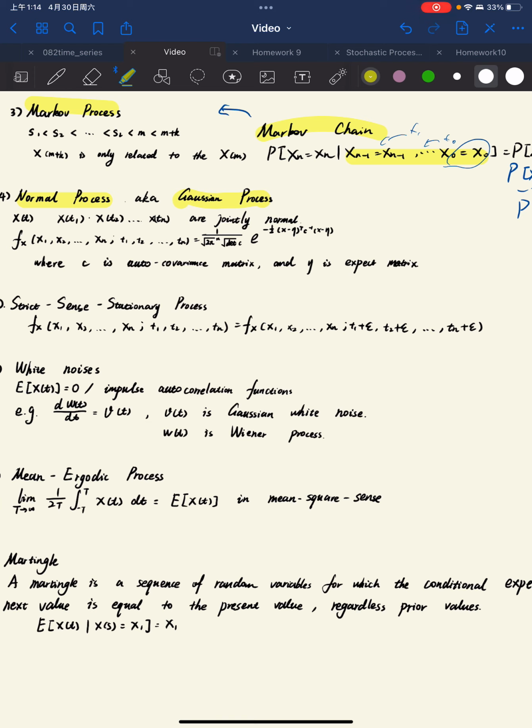Given the times up to xn, we can have an equation like this one, where C is the autocovariance matrix and eta is the expected value matrix. And eta is also a function; generally, eta is a function of t.